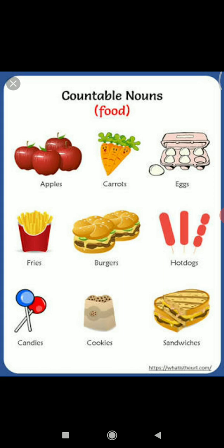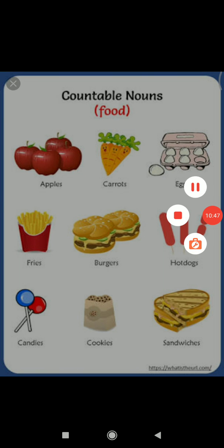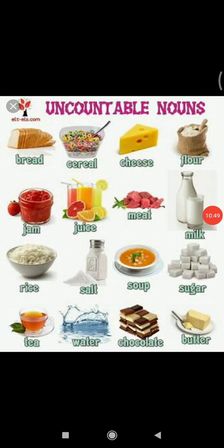What are the examples of uncountable nouns? Now, in uncountable nouns there is a packet of bread. We cannot count how many slices the bread has been cut into.